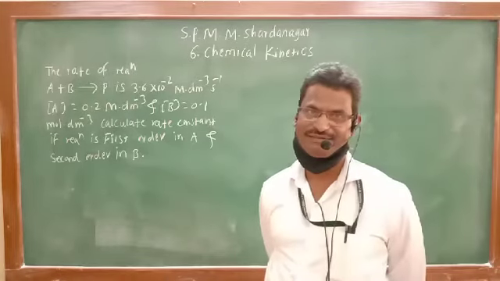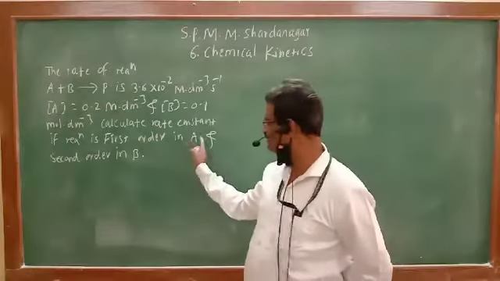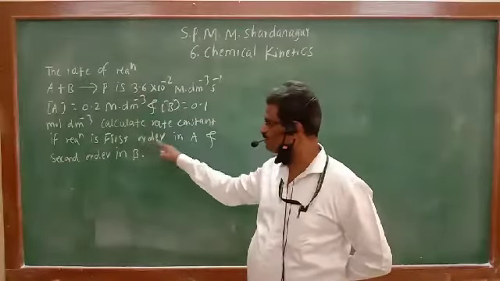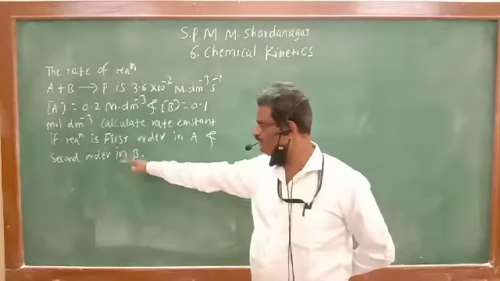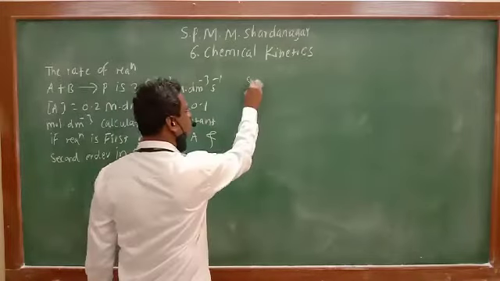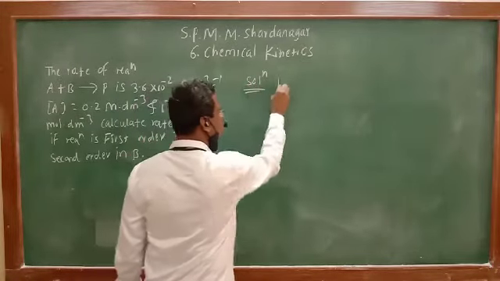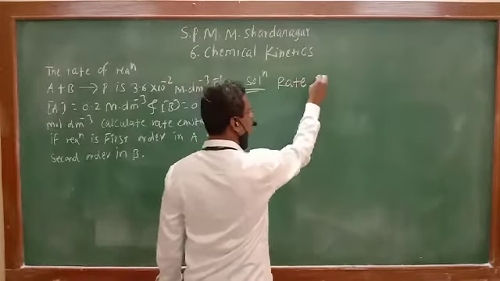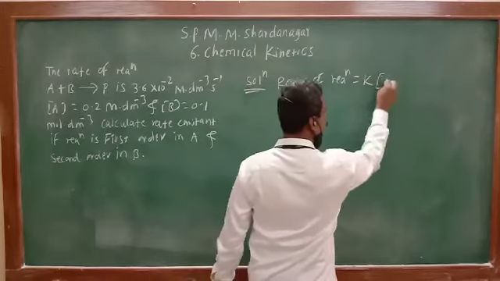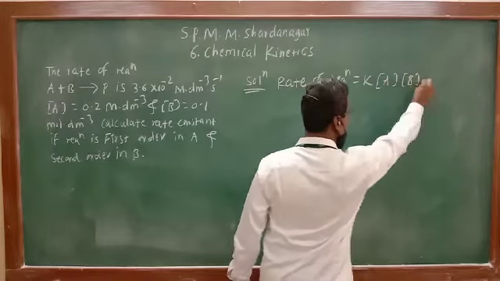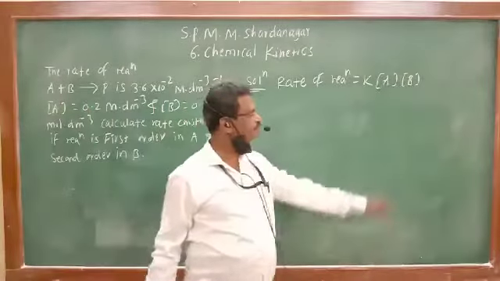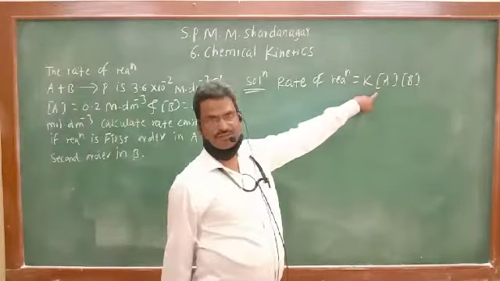We must write the rate law equation on the basis of this statement: this reaction is first order with respect to A and second order with respect to B. So, for the solution, suppose we write the rate of reaction equal to K into concentration of A into concentration of B. This will be theoretical, A plus B. So this equation is a theoretical equation.